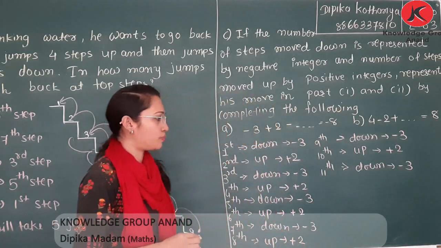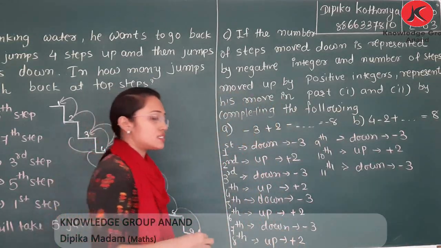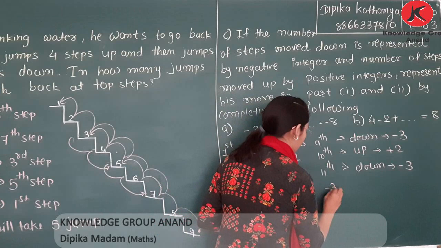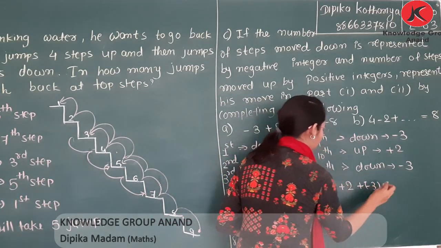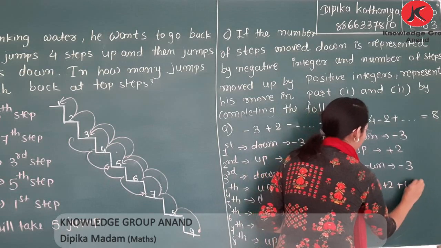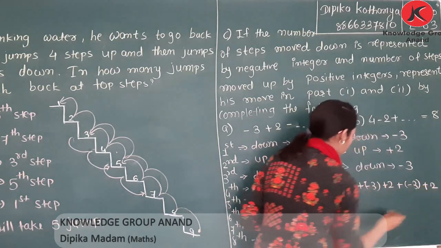Now you need to represent this as a series. You can write -3 +2 -3 +2 -3 +2.